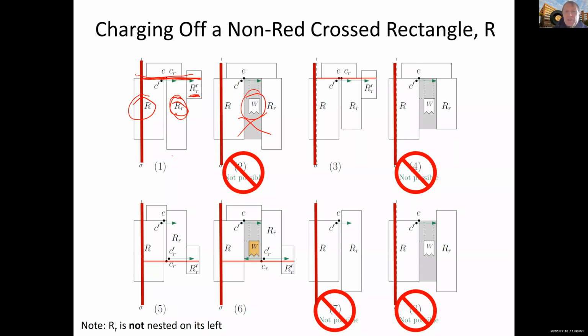Here, the only difference between case 1 and 3 has to do with whether the bottom is above or below the bottom of R. Otherwise, they're identical. And in cases 5 and 6, the top of the right neighbor of R is above the top of R. And then the corner that we charge might be this corner here. This one cannot exist in a maximal set of rectangles.